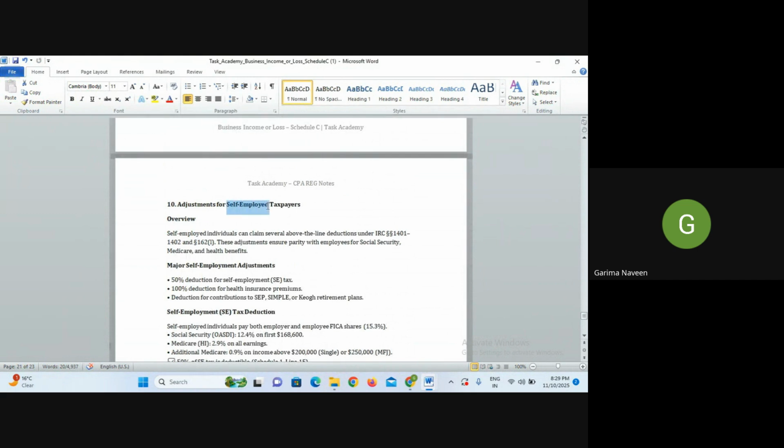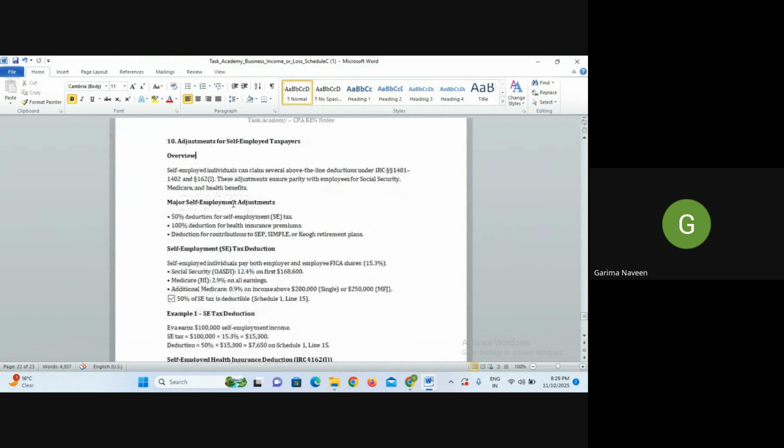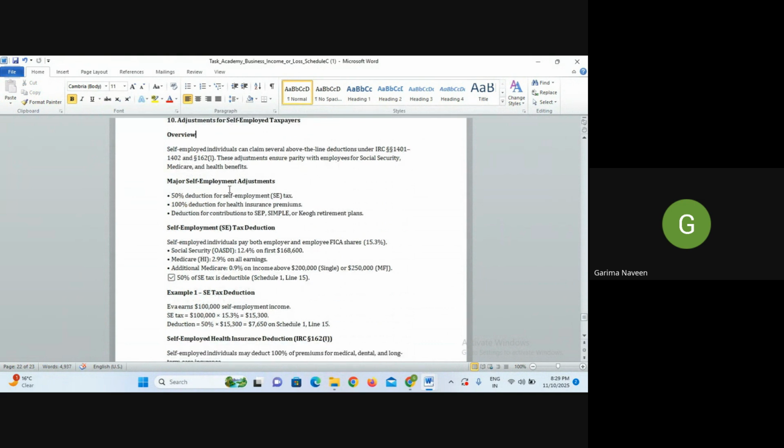Adjustment for self-employed taxpayers. If you are self-employed, then you have to pay taxes like self-employment taxes, but you can get the deduction for these taxes also. Like 50% of the taxes you are paying, you can deduct from your gross income.